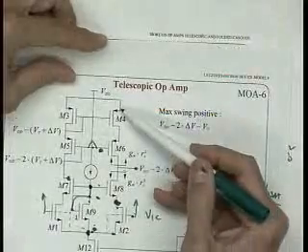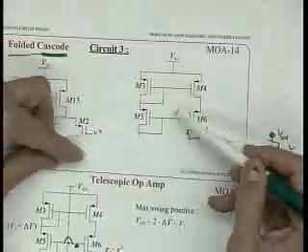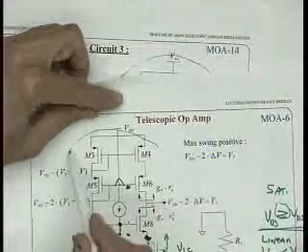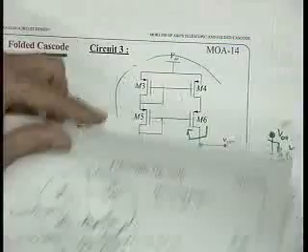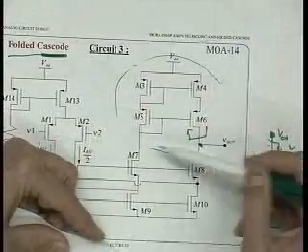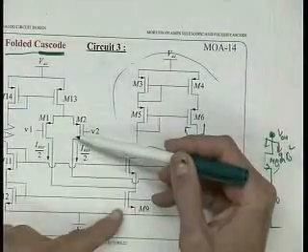In fact, you can get the same numbers, right? M3 and M5. So this stuff right here is exactly this. So this is really the current source load of this differential pair stage.